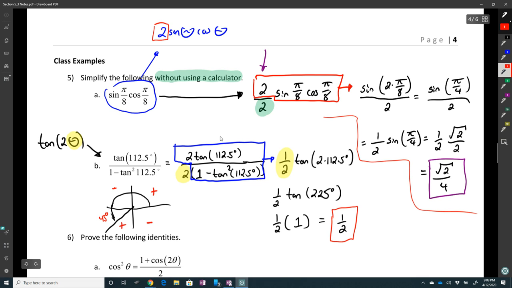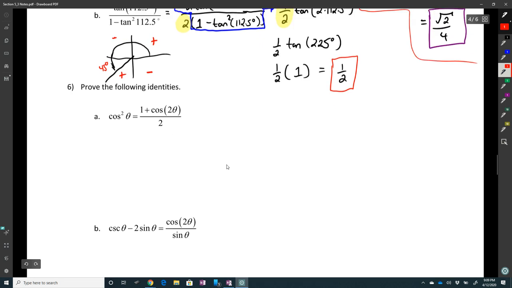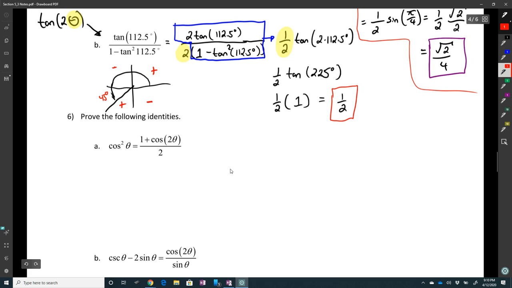All right. So the last part is prove 3 of these things. So let's go ahead and do it. A lot of these are just plug and chug, but let's work them out. So the first one is prove that cosine squared is equal to the right side. Okay, so let's go ahead and do it.